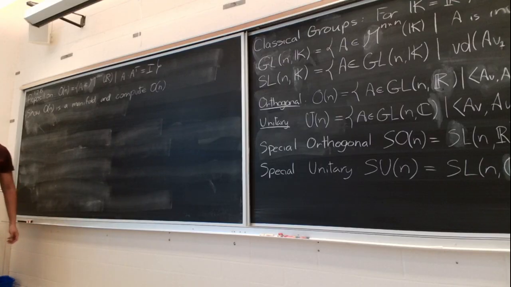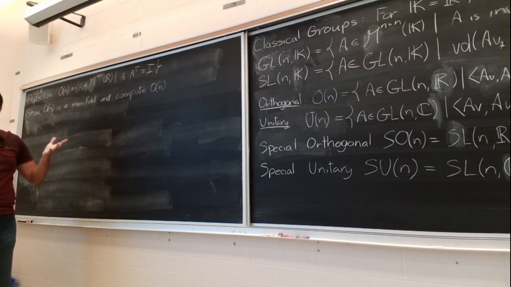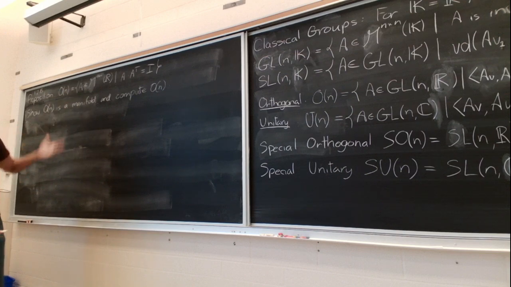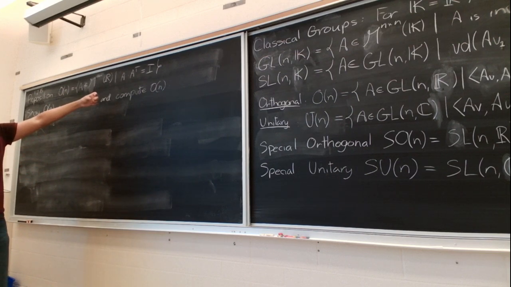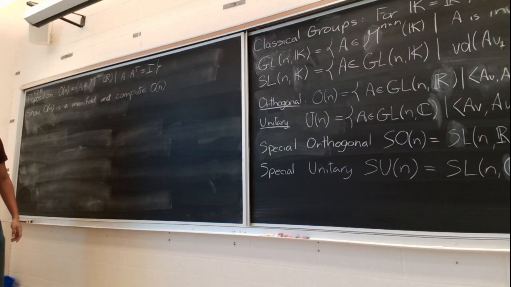Okay, how are we gonna do this? The way I thought about this is, clearly there are fewer orthogonal matrices than there are all matrices. Sorry, symmetric or orthogonal? Wait, I think it works out to be the same thing.